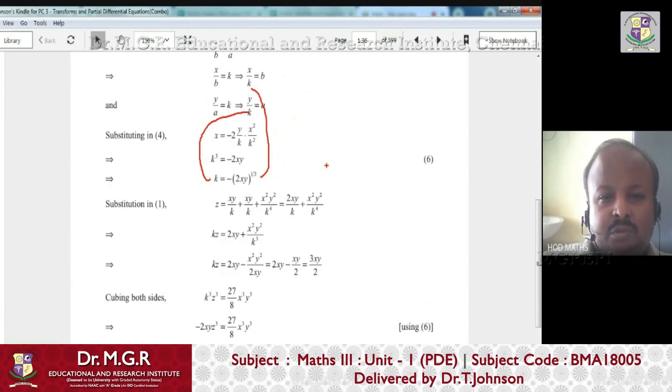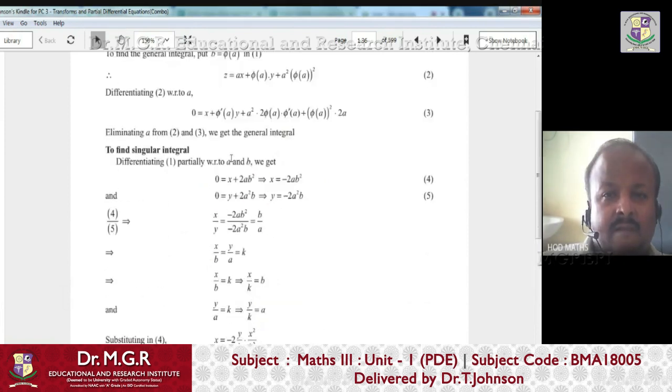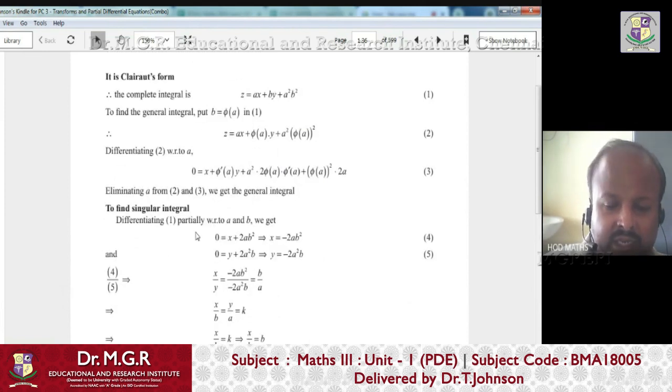After finding a equals some x, y power 1 by 3, and b similarly, you have a in terms of x and y, and b in terms of x and y.